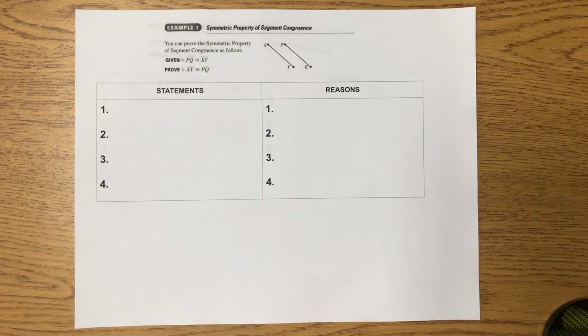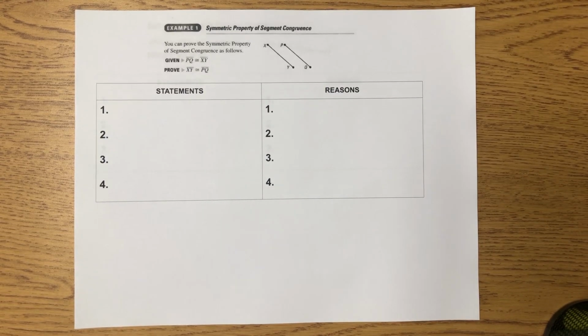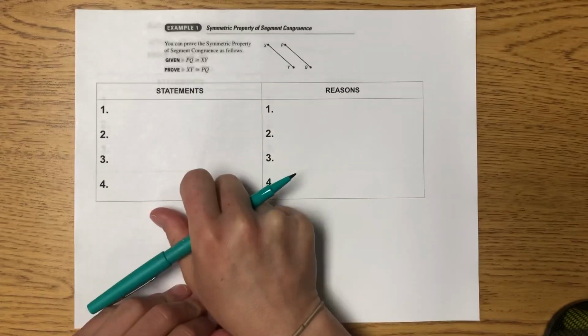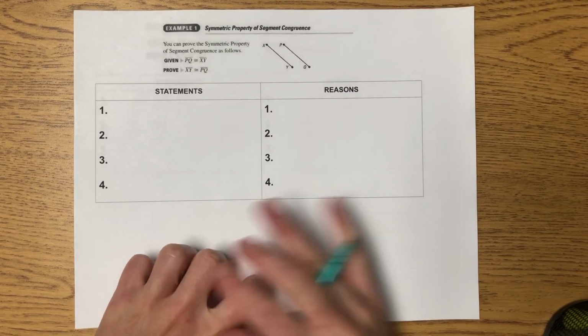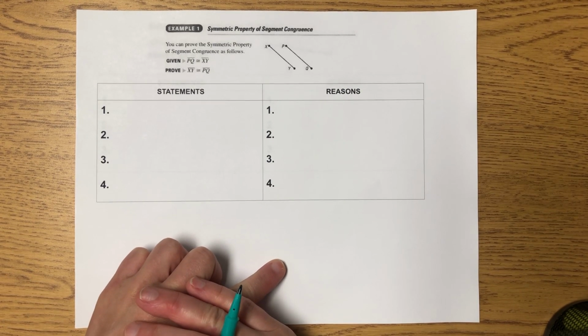For example 1, we are going to prove the symmetric property of segment congruence as follows. Okay, so what they give us is two lines in the figure to the right, and they tell us that PQ, the line segment PQ, is congruent to the line segment XY. That's what they tell us.